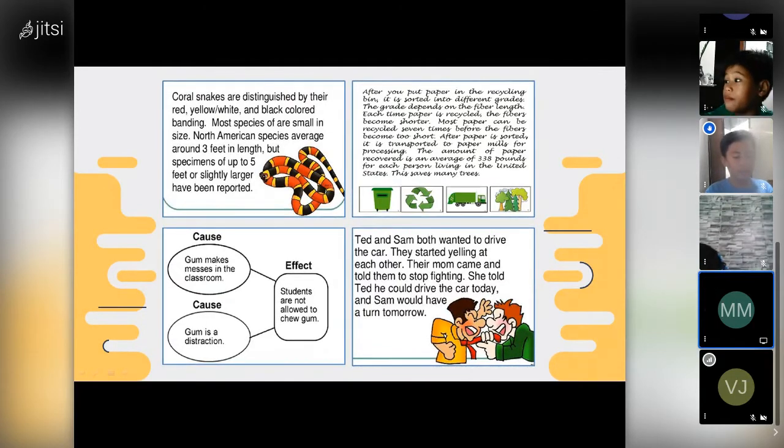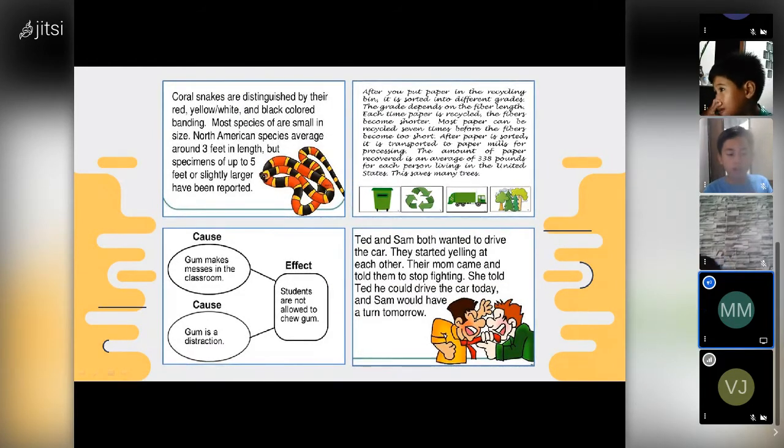Their mom told them Ted could drive the car today and Sam would have a turn tomorrow. Very good. That is the solution made by their mom to stop the problem. So do you understand what is problem and solution? It's very easy, right? Okay, I guess you already understand.